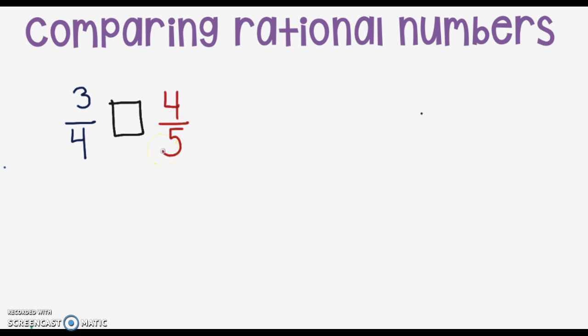Now what we've been working on is taking fractions and converting them to decimals. So for the first method, we are going to convert to decimals. Sometimes decimals are easier to compare than when you're looking at fractions with different denominators.